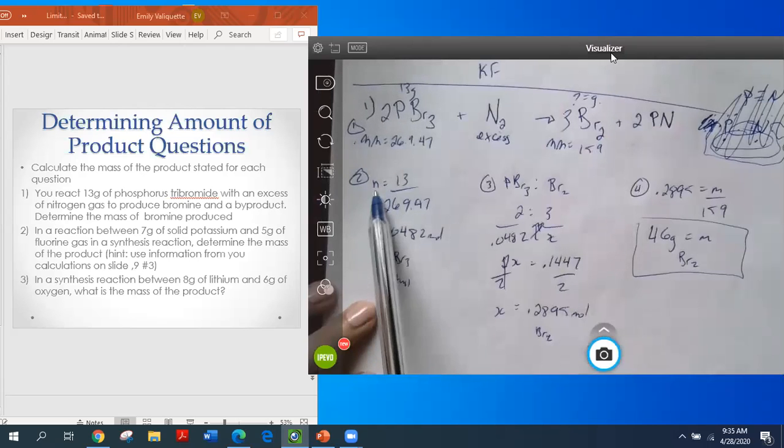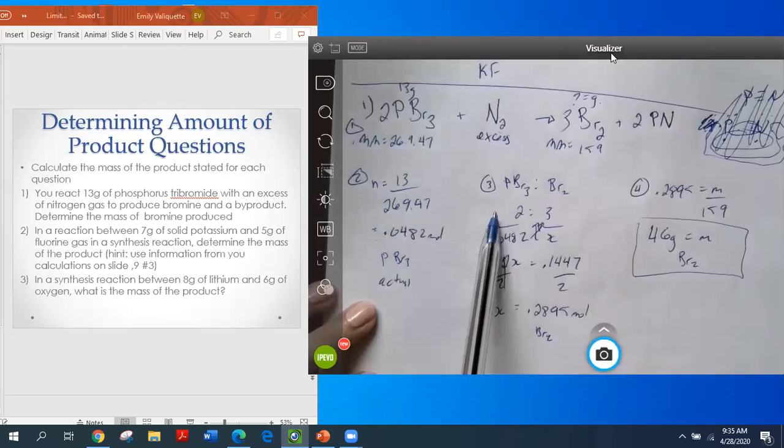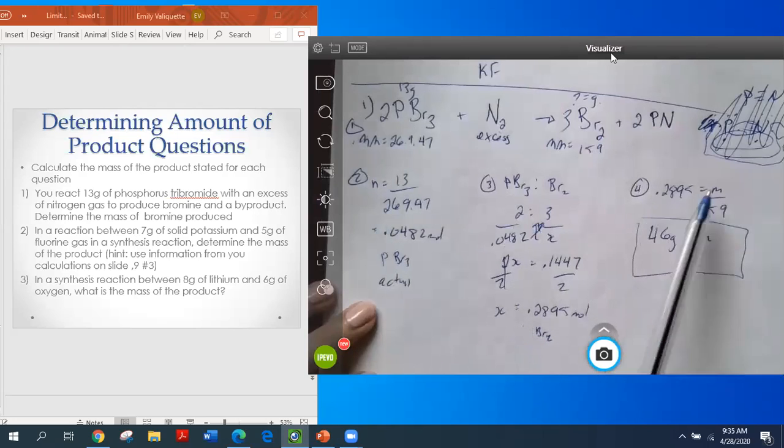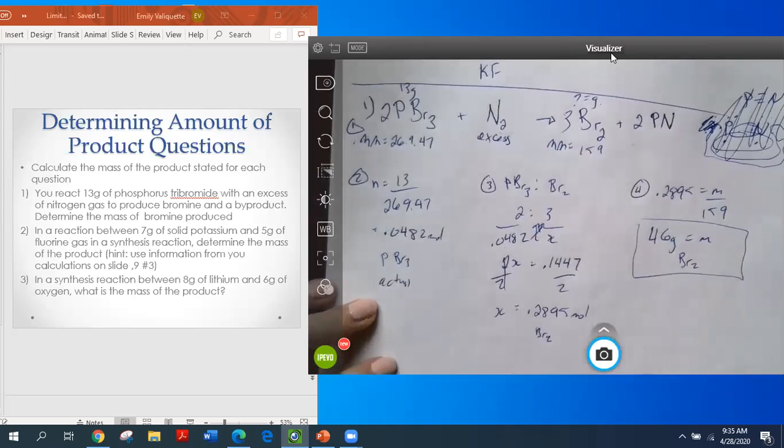Then I did the mole ratio to figure out how many moles of phosphorus tribromide I had, and you should get 0.0482 moles. I then set up a mole ratio between my limiting reagent and my product. It's a 2:3 ratio. I plug in the actual moles of my reactant, cross multiply and divide to get 0.2895 moles of the bromine, and then I plug that into my moles equals mass over molar mass to solve, and I get 46 grams of the bromine.